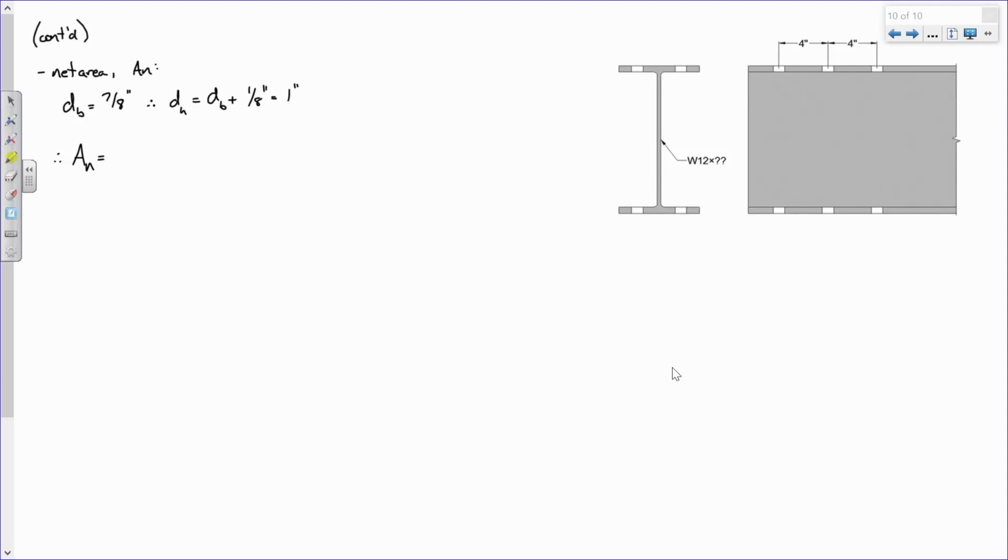First off, let me say a couple things about that. Right now, I told you what the connection looks like, that here's the member.